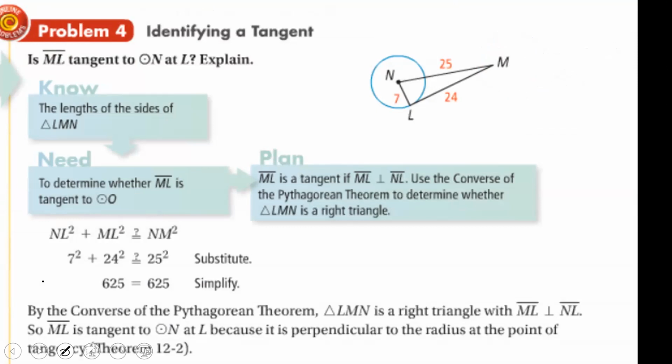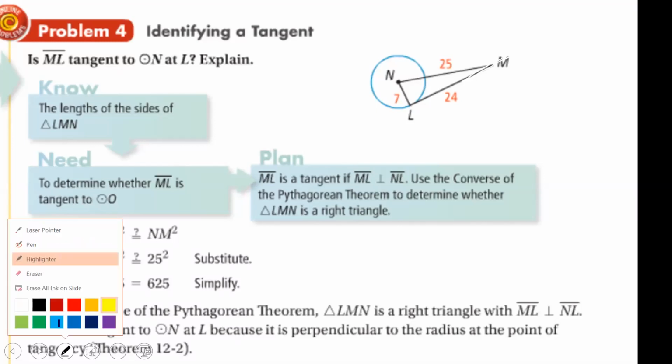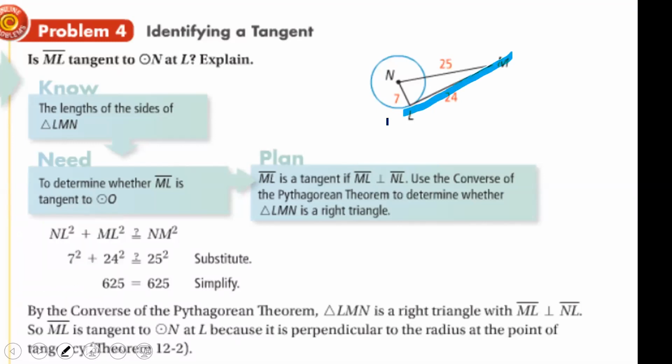Let's see now. I want to change the color here. If this is a tangent line, then this will be a right triangle with a right angle.